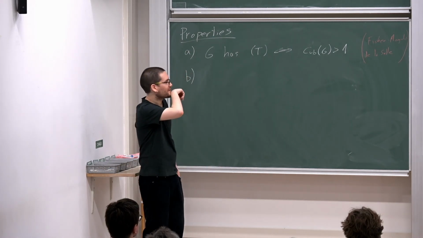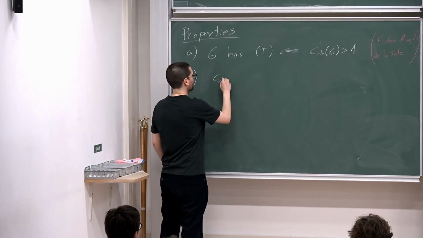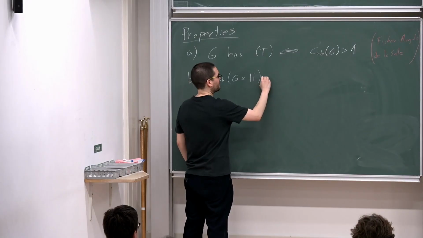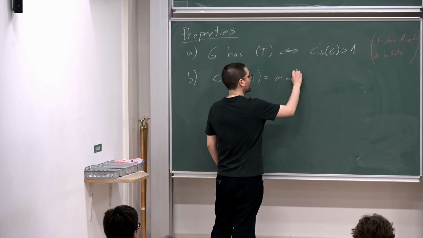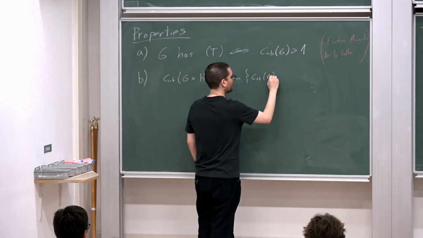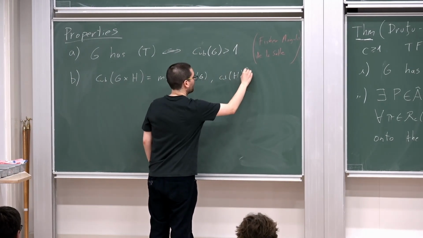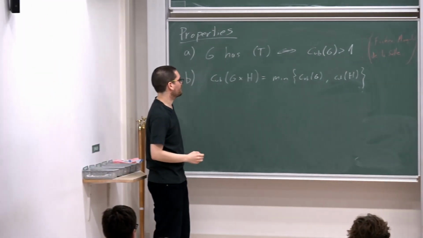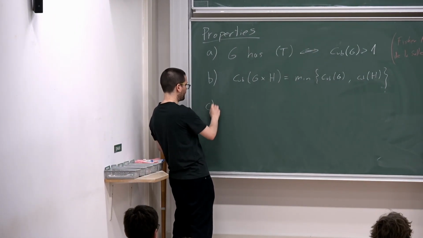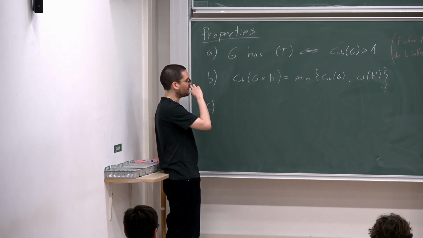What else? This constant behaves well with respect to products. If you take the constant of a product, this is the minimum of the constant of each group. And this is actually a particular case of a more general property for quotients or extensions.